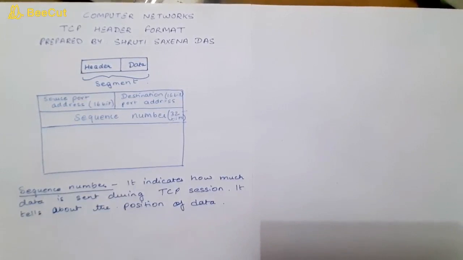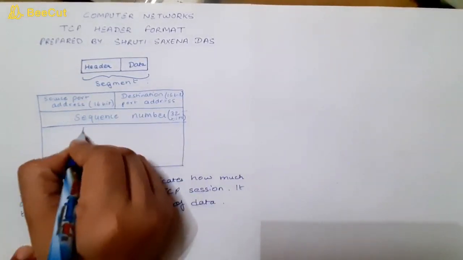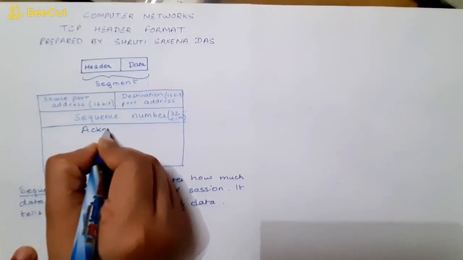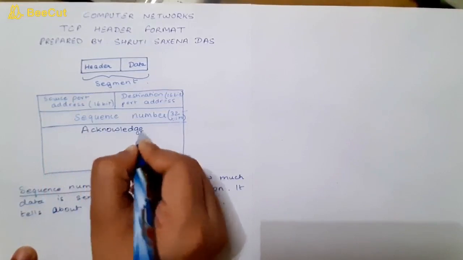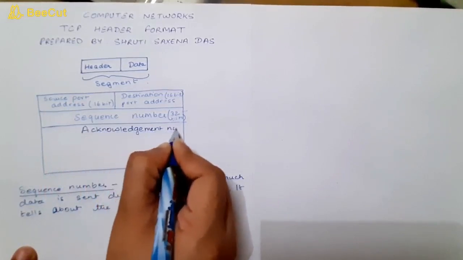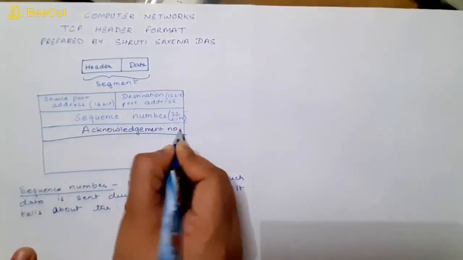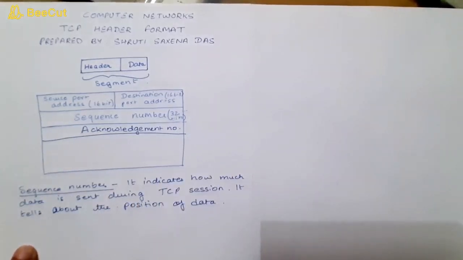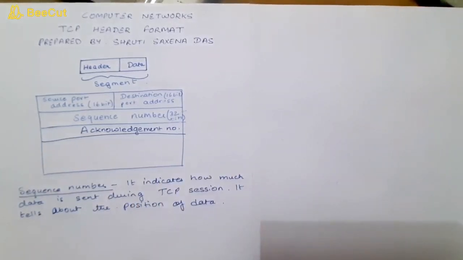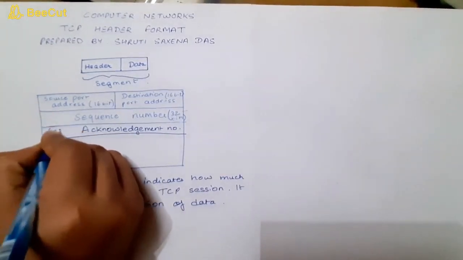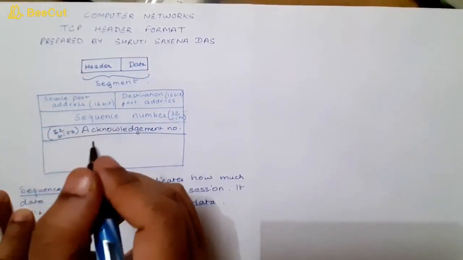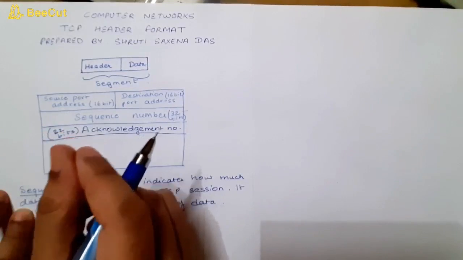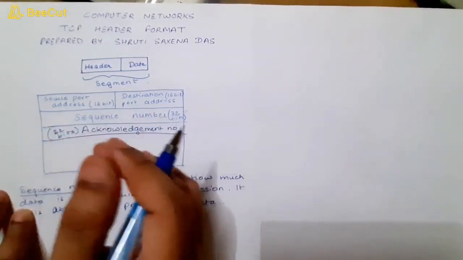Then the next is the acknowledgement number. This field also consists of 32 bits, and the acknowledgement number specifies the sequence number that the receiver is expecting to receive.